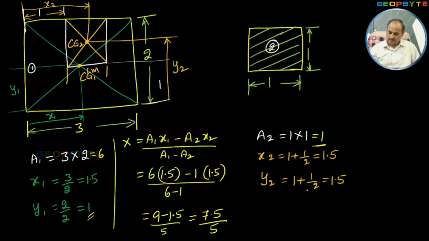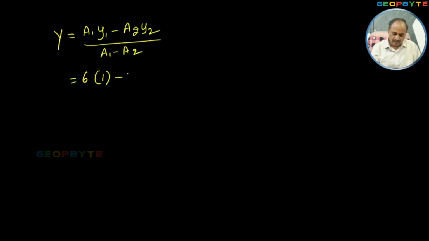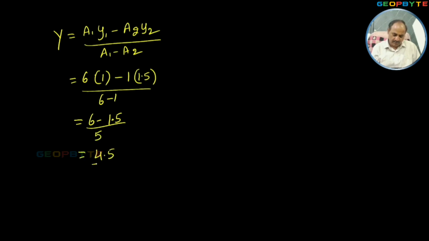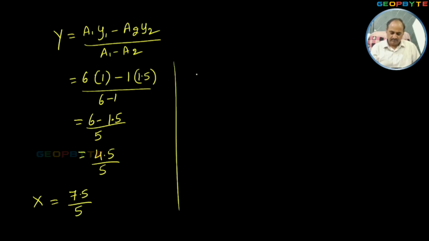A2 is 1 into y2, 1.5, divided by 6 minus 1. That is (6 minus 1.5) by 5, equal to 4.5 by 5. You got the x value equal to 7.5 by 5 and the y value 4.5 by 5.